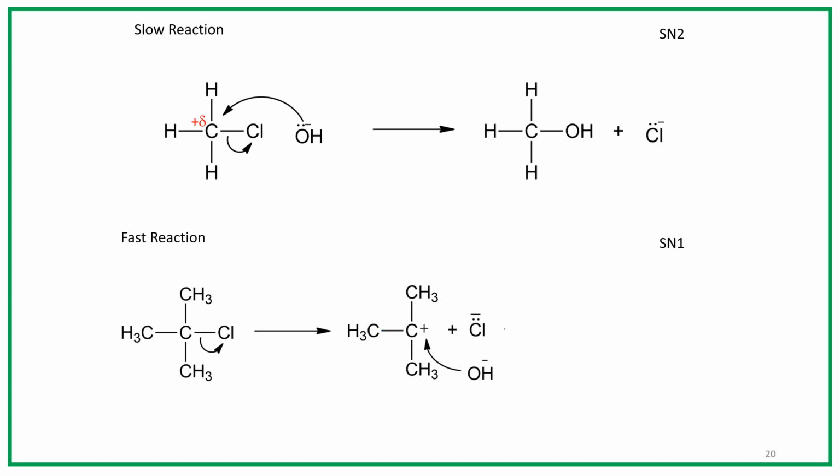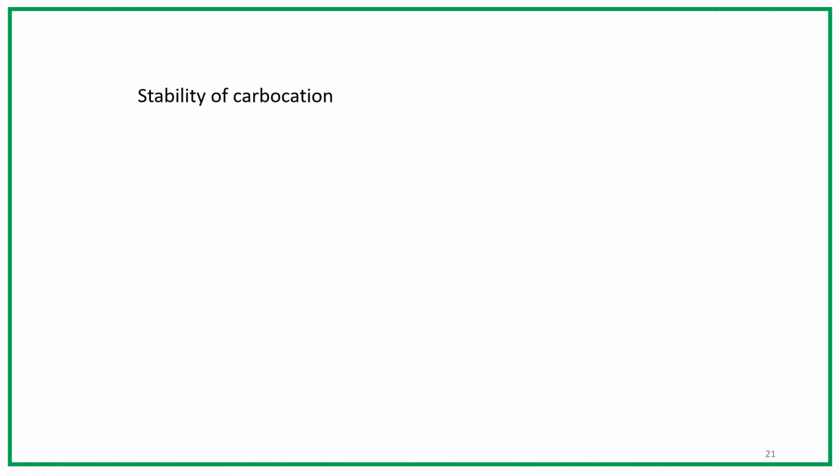Therefore, this can take place, and OH attaches to this carbon, and they form tertiary alcohols. In the first and second examples, as we know, the intermediate product which forms during SN1 reactions we call carbocations.